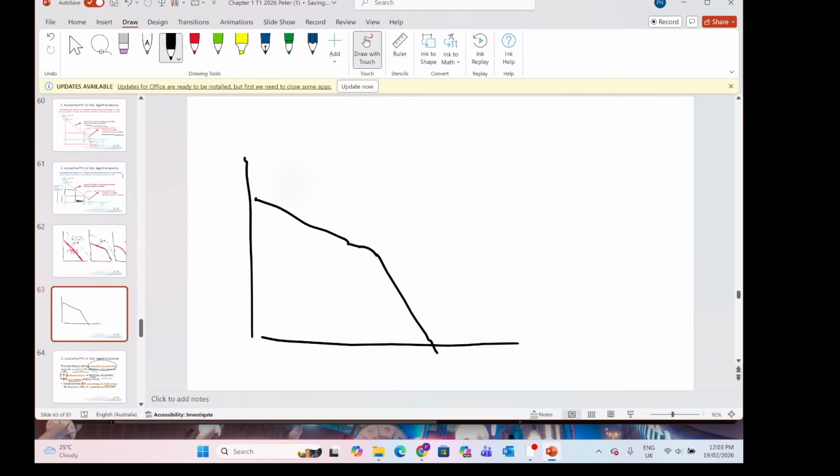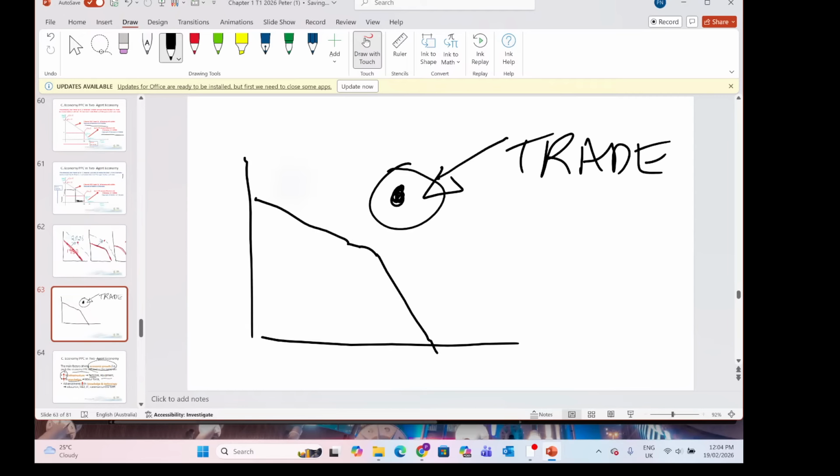This is our PPC, and we do want to be out here, but we don't have any economic growth in the present. How can we get to this point without any economic growth, or how could we get to that point which might actually lead to economic growth? That's where we're going next. We want to be outside our present production possibility curve because we want to increase our standard of living. So economic growth is one way, but the other way is trade. The other way to get to that point is trade.